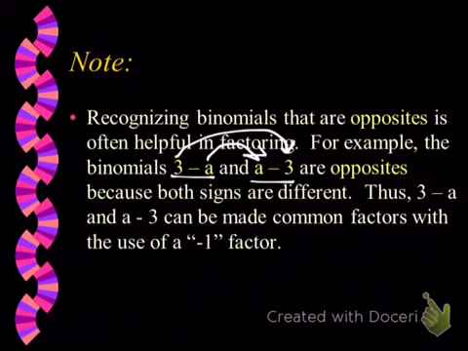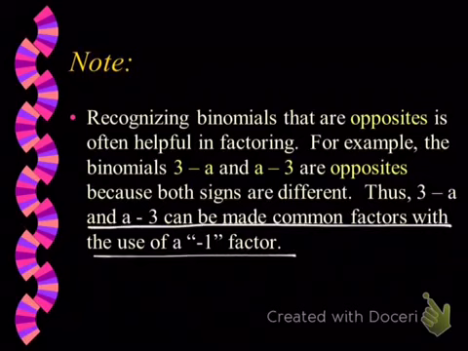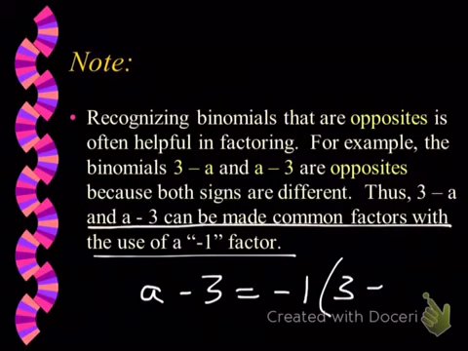Now, that means that we can make them look the same. Because 3 minus a and a minus 3 are opposites, they can be made a common factor by taking out a negative 1. Because a minus 3 is equal to negative 1 times 3 minus a.